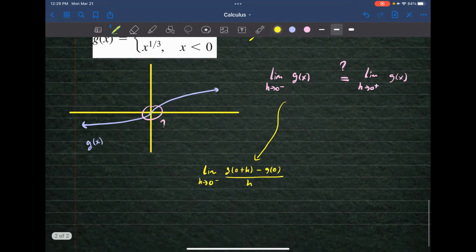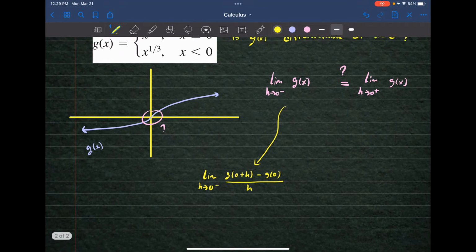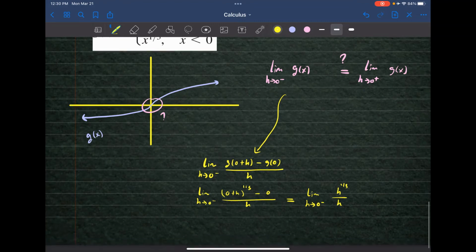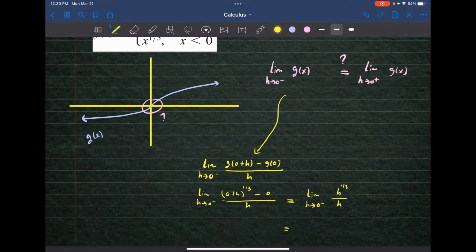And then plugging 0 plus h into the function, we have the limit as h approaches 0 from the left of 0 plus h to the power 1/3 minus 0 all over h. And this would give us the limit as h approaches 0 from the left, h to the 1/3 power over h.